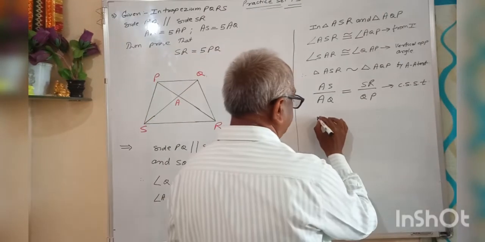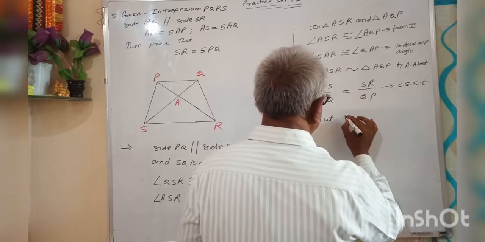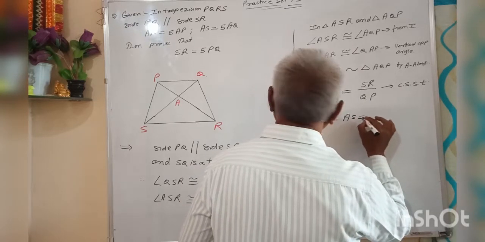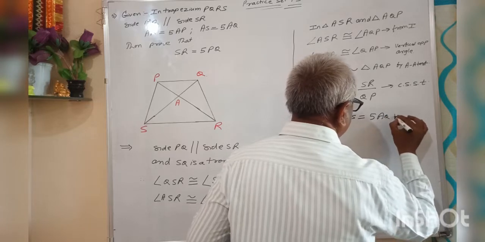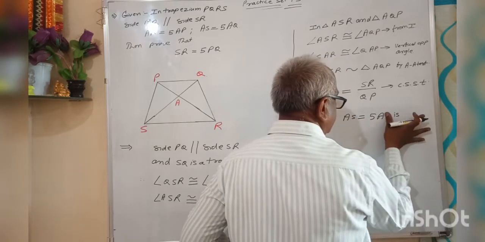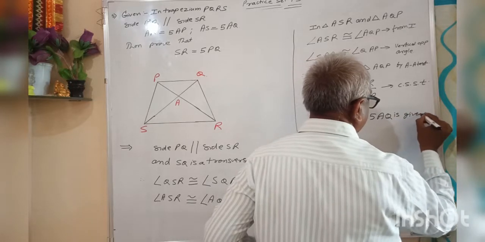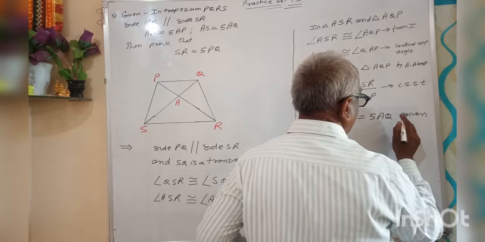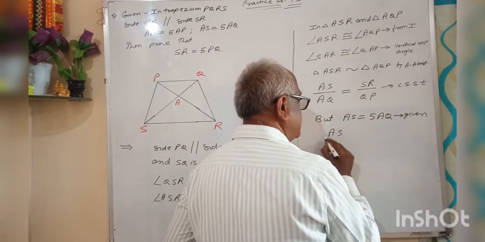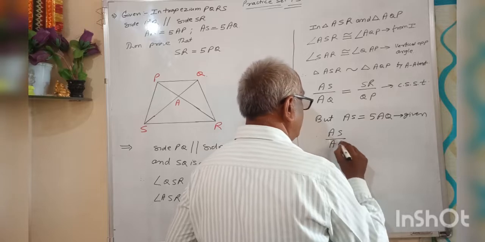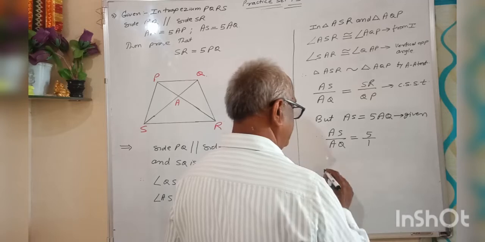But AS is equal to 5AQ, this is given. Therefore, AS upon AQ is equal to 5 upon 1.